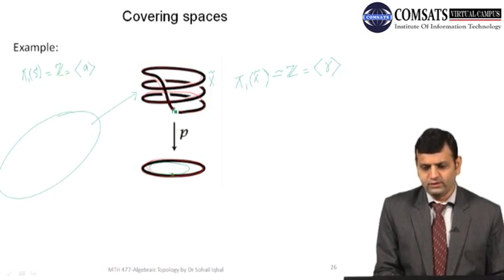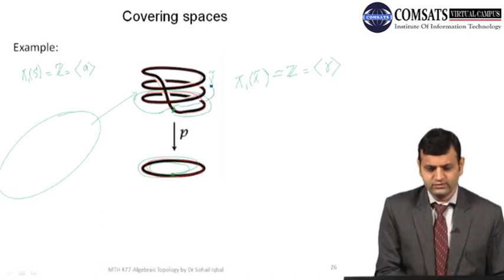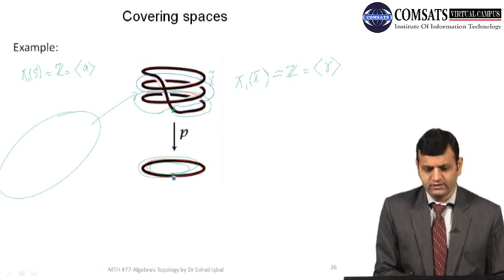Now what is the relationship between gamma and A? When we follow this gamma, after taking one round we have one round in the down circle, and in the second round we have another round along this circle.